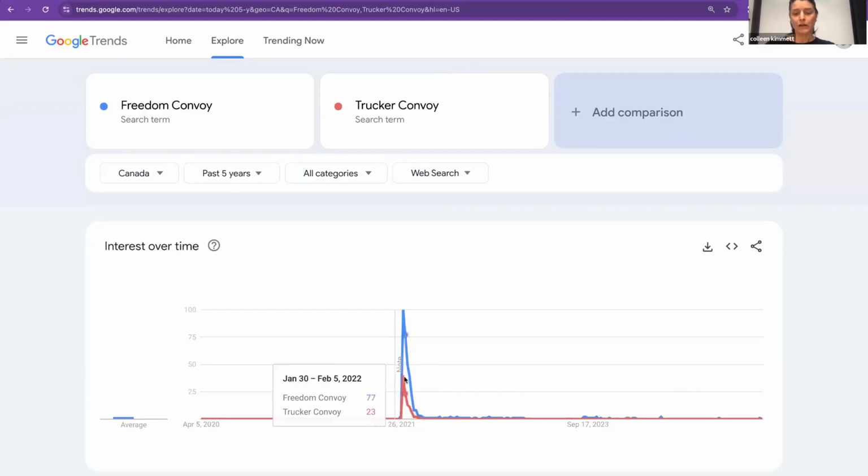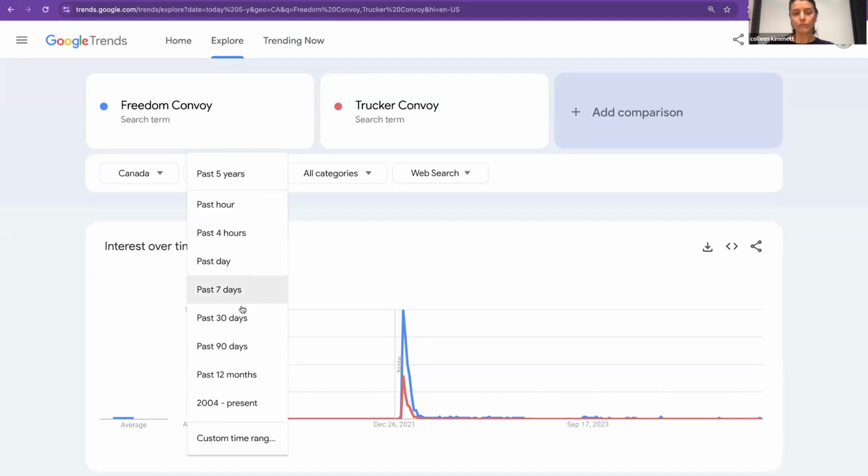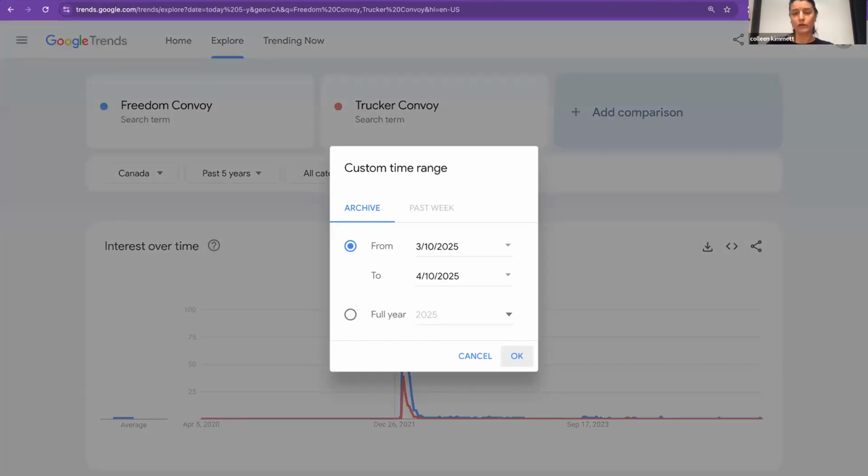So you can see here, obviously there's a big spike, December 2021. I want to narrow that time frame. So I'm going to go here. I have the option to go back by various increments, but I can also enter a custom time range.